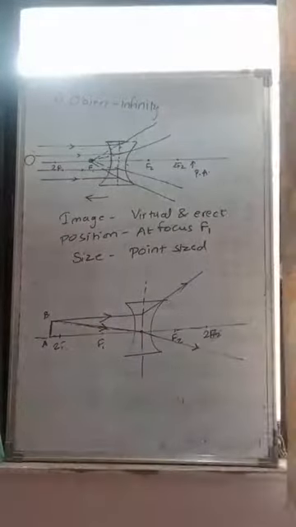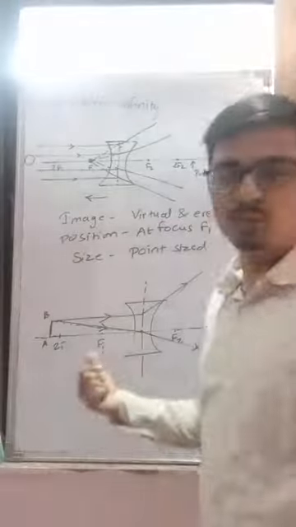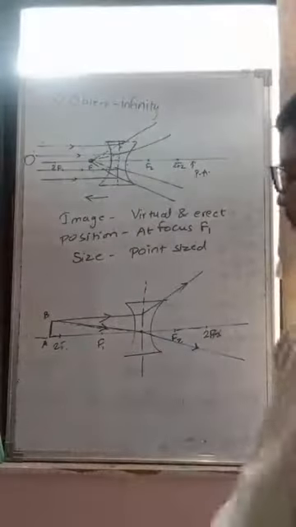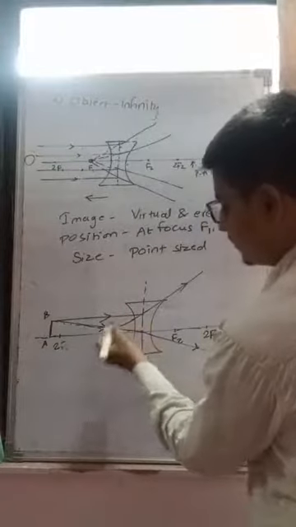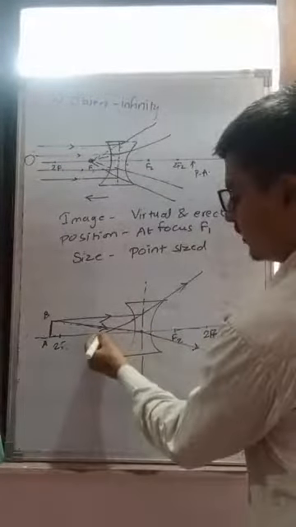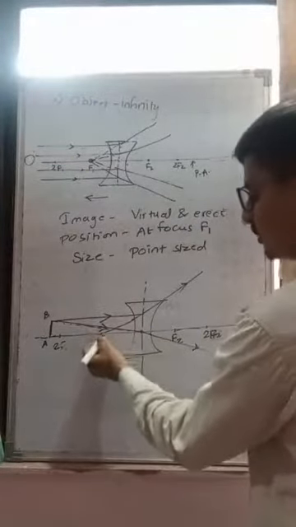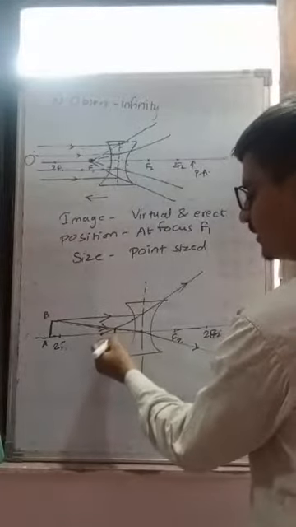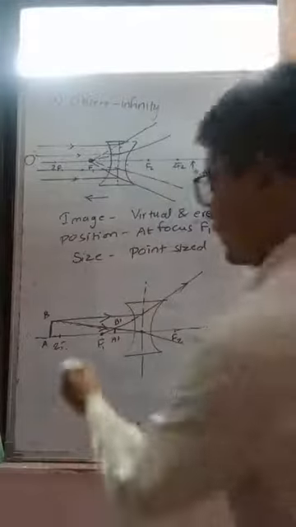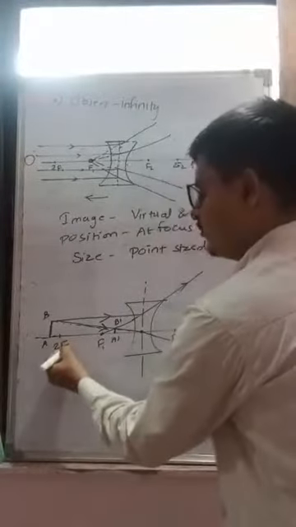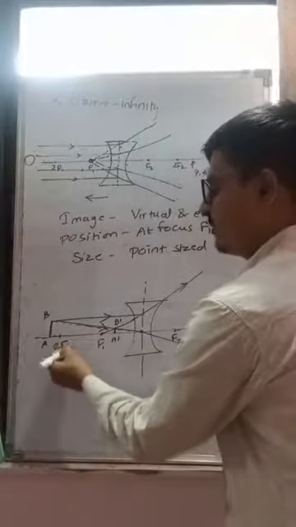Here also we observe the two rays are moving away from each other. If we extend them backward, this ray appears to be emerging from the focus. This will be your A dash and B dash. So this is another image formed in front of the concave lens.